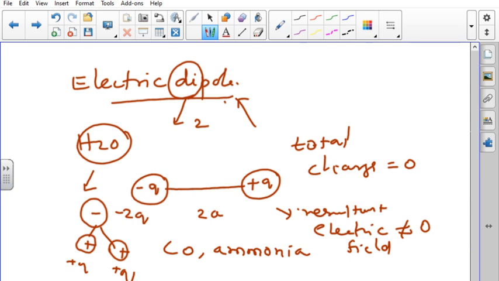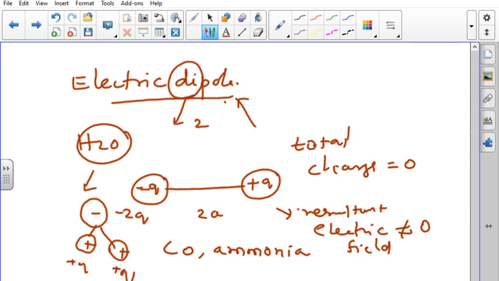There will be a pole, a dipole existing. So this is an example of a permanent dipole. Now let us learn a few more conventions about this electric dipole. For an electric dipole, you must keep in mind that you first place the negative charge and then the positive charge. This is a convention.